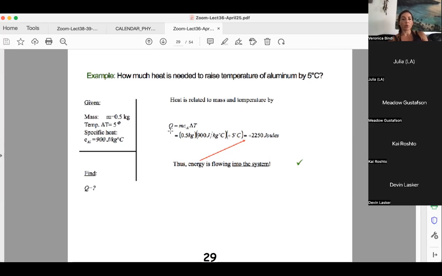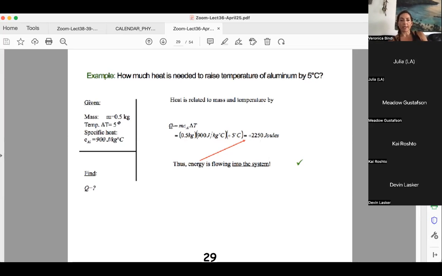So we have Q is equal to m c of aluminum delta T, according to the formula we described before. So I know the mass is 0.5 kilogram, c aluminum is 900 joules divided by kilogram C, and then delta T is positive 5 C because we are providing it to the system.